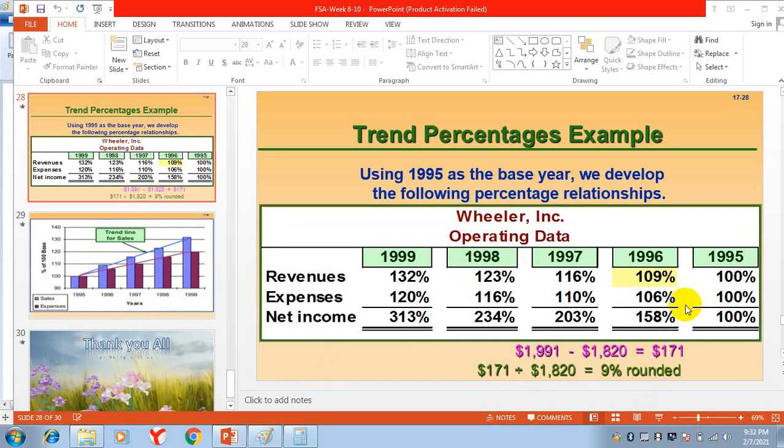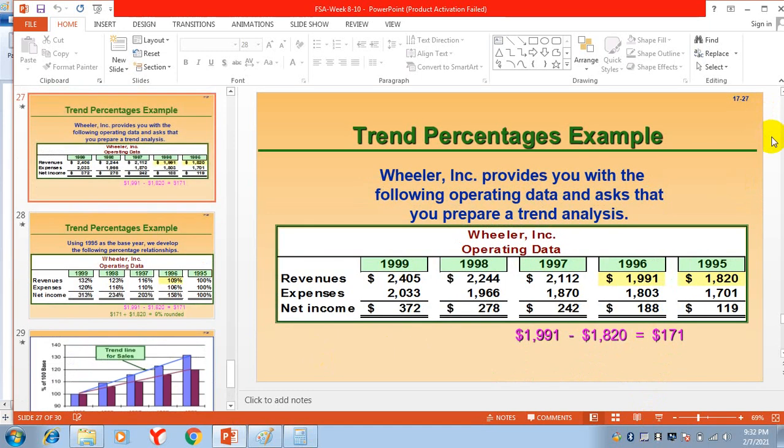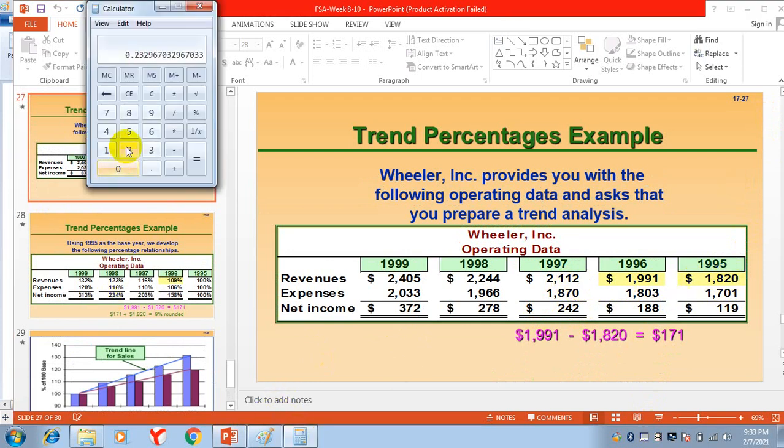Next year's data will be calculated like this. See, current year minus base year: 2112 minus 1820, and divided by base year 1820 and multiplied by 100 for percentage.